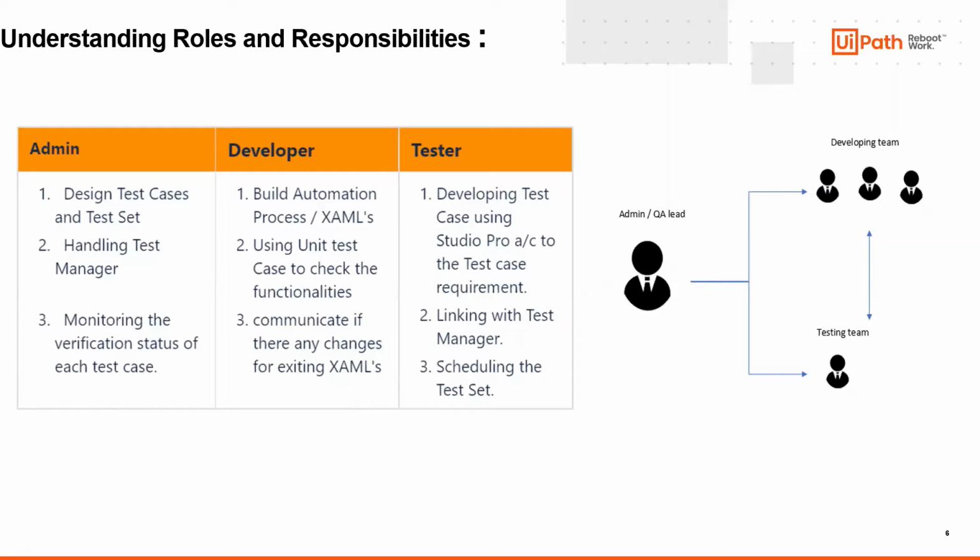And if there are any changes, UiPath Test Suite integrates with code management systems like Git, TortoiseSVN, TFS, etc. So it would be integrated with those source code management repositories, and any changes can be tracked easily.